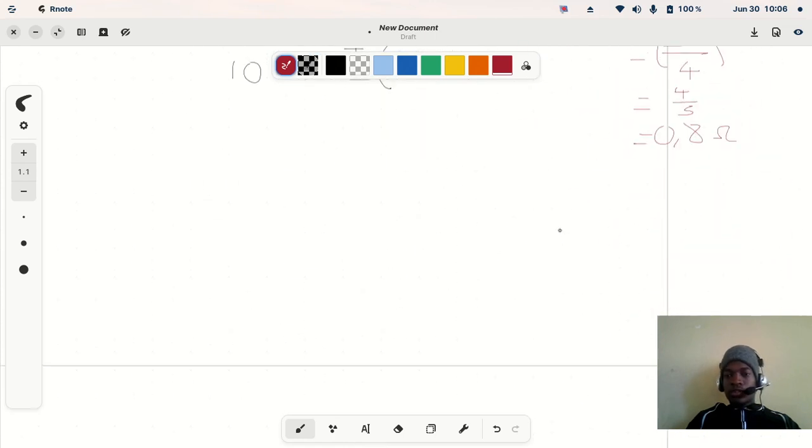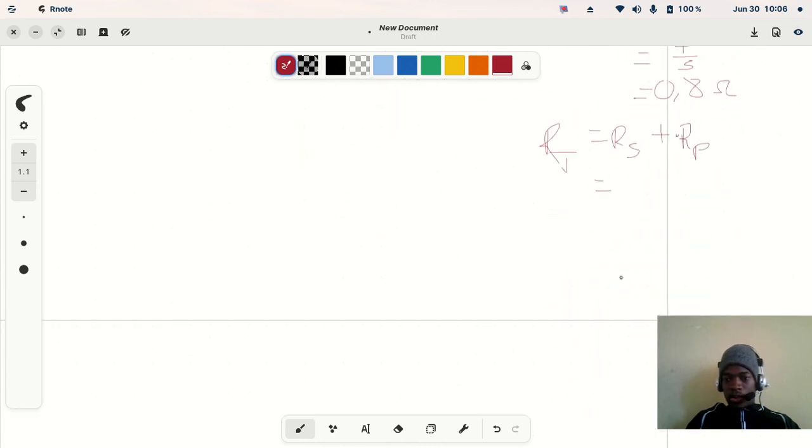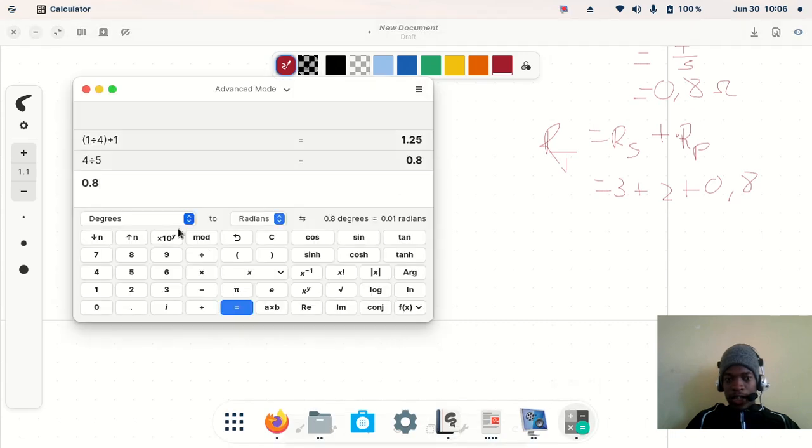So meaning the R total is supposed to be the total of the series plus the total of the parallel, where we actually calculated the total of the parallel. Then the one for the series, remember, we just have the 3 plus the 2. Plus the parallel I got, 0.8. Then I'm just essentially going to add all this together.